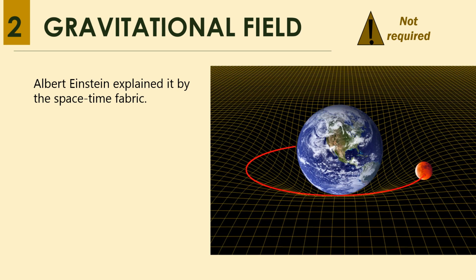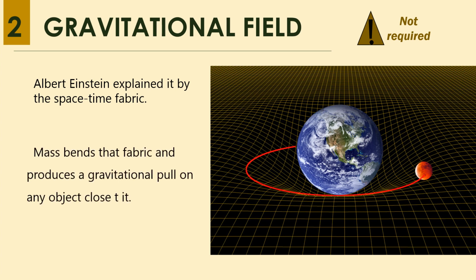If you look at the figure to the right side, you notice this black sheet, or this black cloth. It is the fabric of space-time. When you place a certain mass, such as Earth, it is bent. This curvature produced by a certain mass is what we interpret as the gravity or gravitational field of this mass.